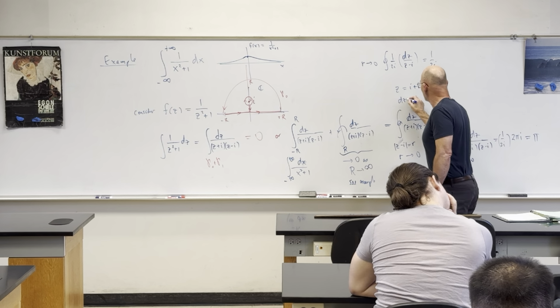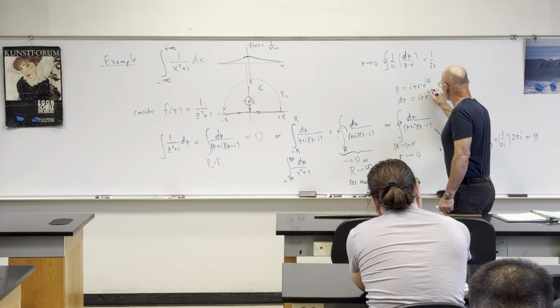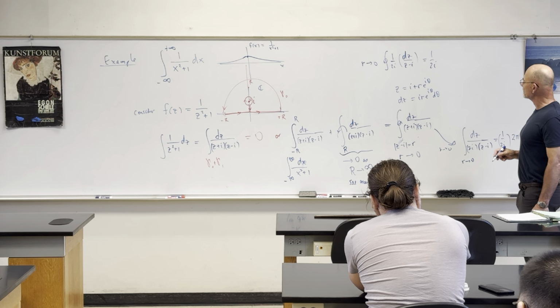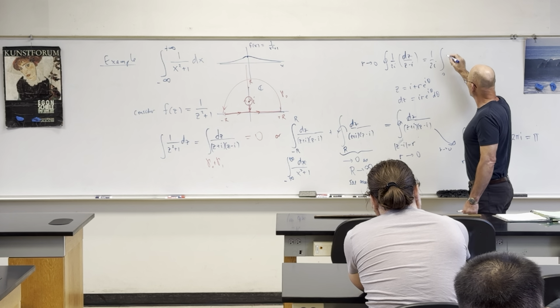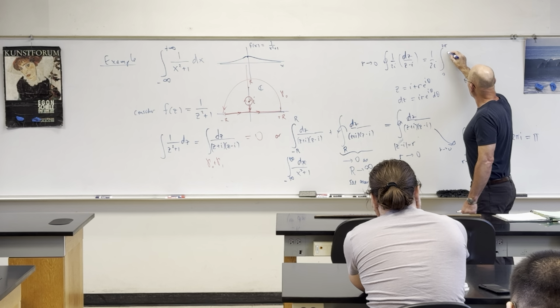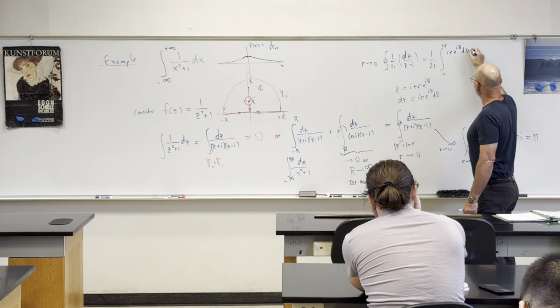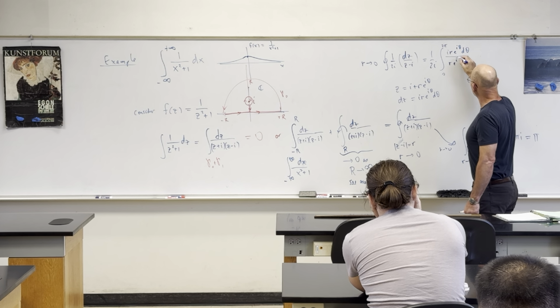Then dz is I r e to the I theta d theta, and our integral is from 0 to 2 pi, and the z minus I is r e to the I theta.